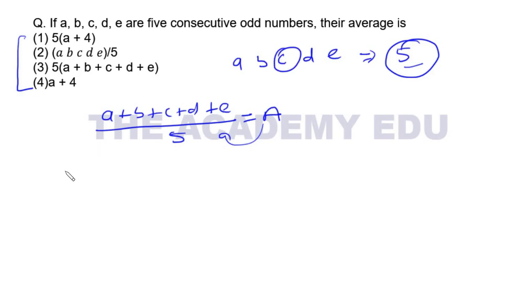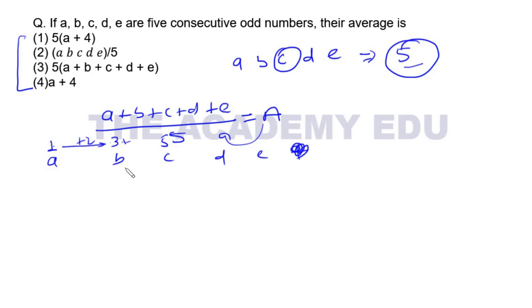Now see, my dear friends, we have A, B, C, D, E, 5 consecutive odd numbers. Suppose the first odd number is 1. What is the next odd number? 3. Next odd number 5. So what is the difference? Plus 2. 1 plus 2 is 3, 3 plus 2 is 5.